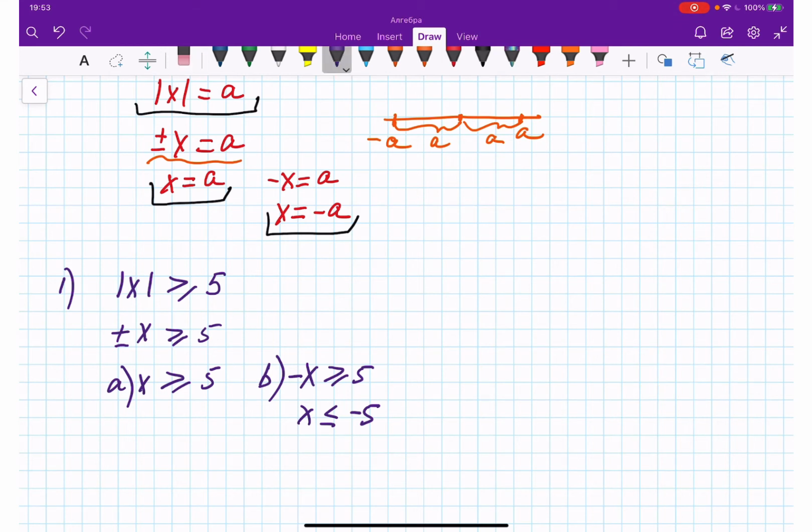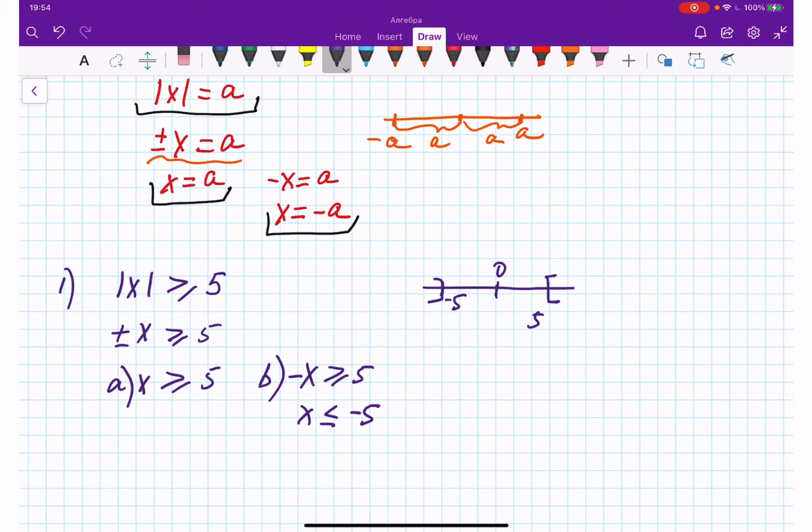And on the graph, it's going to look as follows. So this is 0. Let's assume this is 5. 1, 2, 3, 1, 2, 3, and this is also 5. This is negative 5. This is 5.